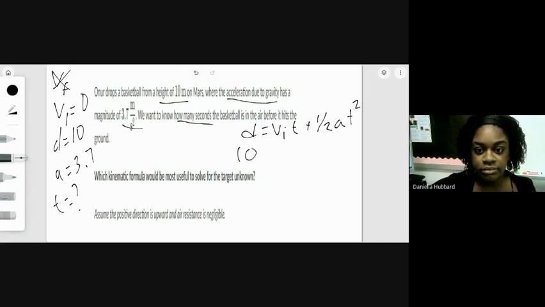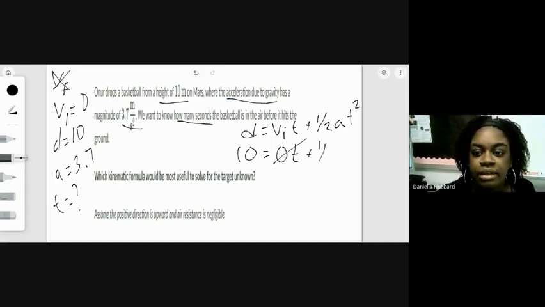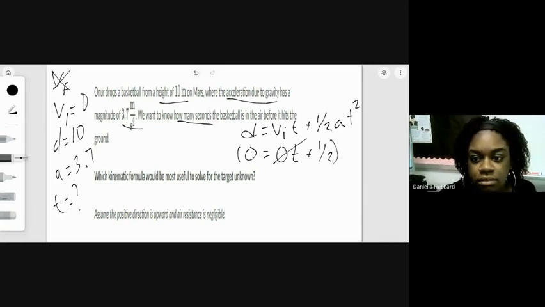D is 10, VI is 0 times T. Anything times 0 is 0, so we just want to cross that out. Plus 1/2. Our A is 3.7. And we still have our T squared.